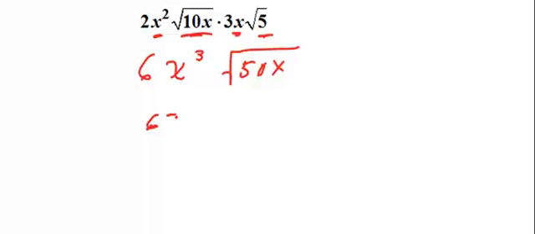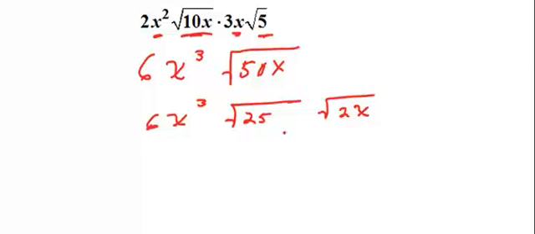Now we want to simplify our radical. Perfect squares, and whatever's left. Well, 25 goes into 50 2 times. We can't pull any x's into the perfect square radical, so we're going to put the x here. Only even powers of variables can go in our perfect squares.